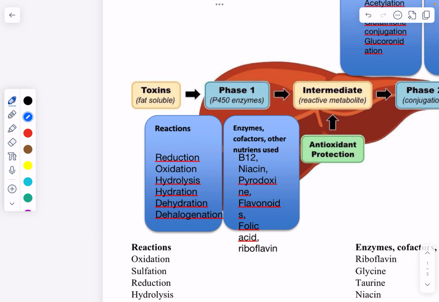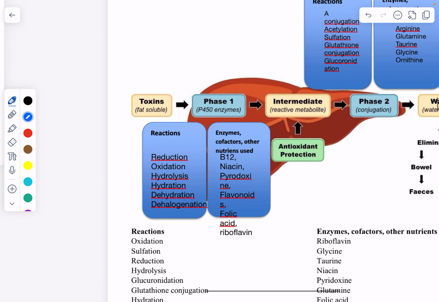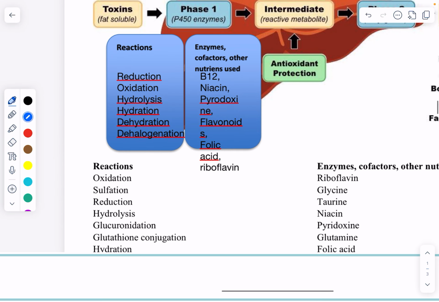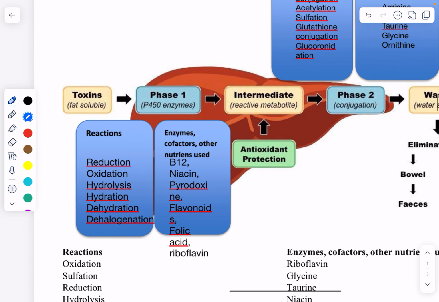The first step is we try to reduce it, oxidize it, hydrolyze it, maybe a hydration type of reaction. And we need these cofactors, because we know that niacin, pyridoxine, folic acid, riboflavin, niacin is important for oxidation and reduction and hydrolysis reactions.